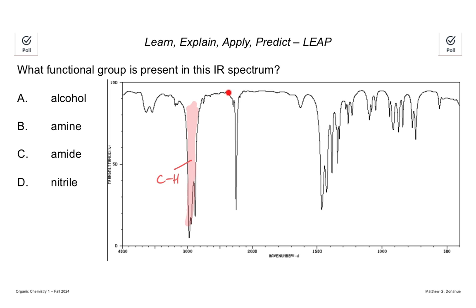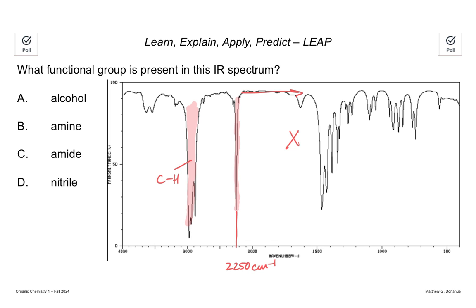Then as we scan over, we hit this next really sharp, intense signal. That's now in region 2. It's like 2250 inverse centimeters, so that's indicative of a triple bond. And as you scan further over this way, there's nothing in region 3.